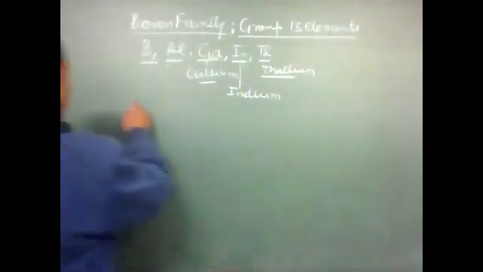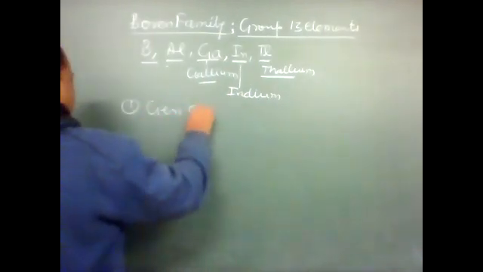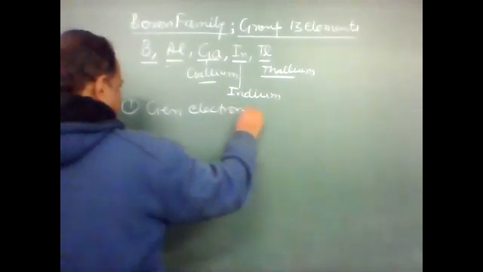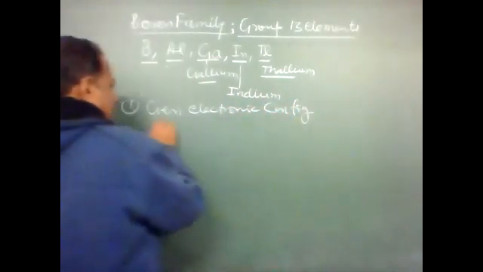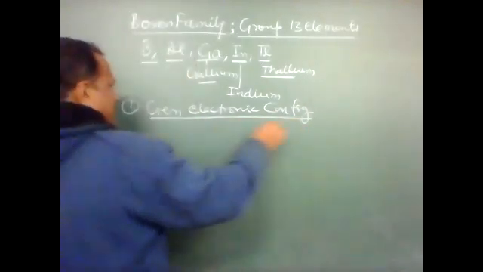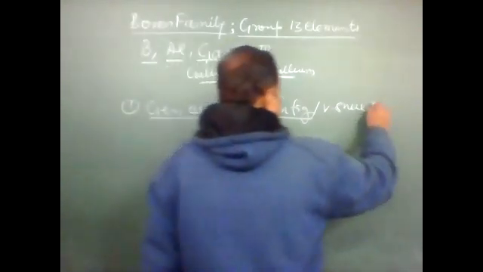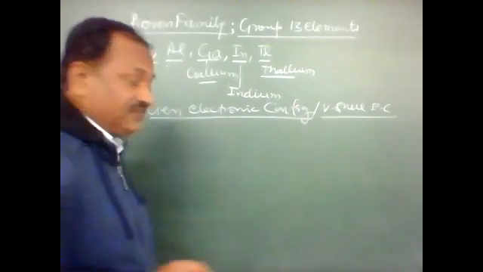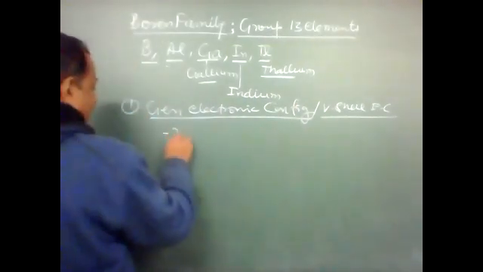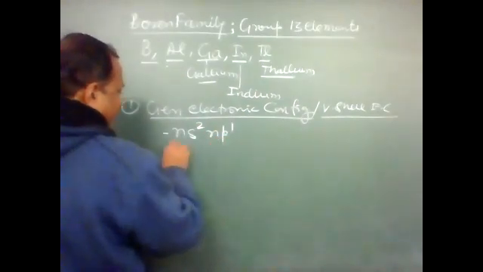Now I'll first discuss the general electronic configuration, or valence shell electronic configuration. It is ns2 np1.